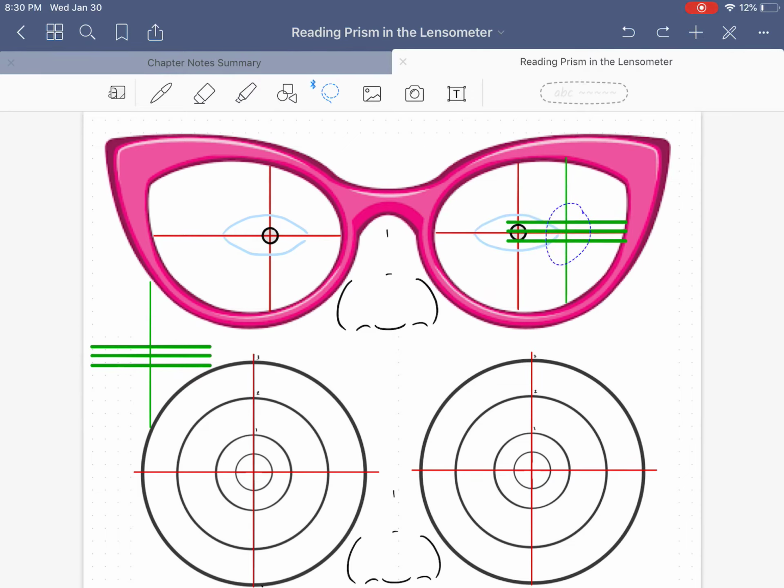See that the base of the prism is out with respect to the patient's eye. And the base of the prism is in with respect to the patient's eye. All right? So that's how you kind of think about it.